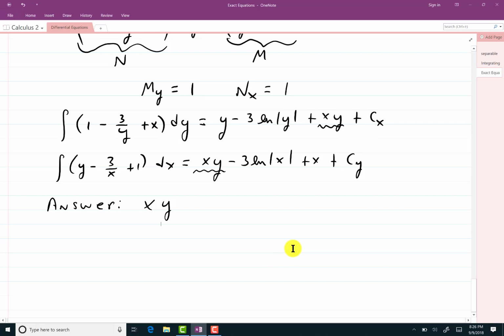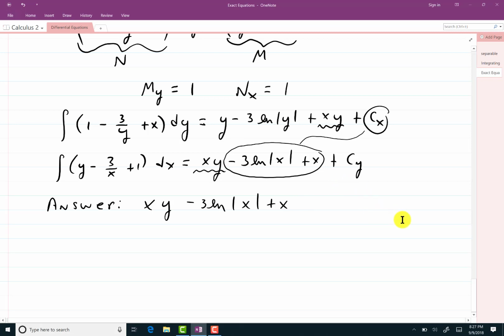Now let's see if I can locate my c of x. C of x will be anything that involves x and x alone, and that's all of this stuff here. So I'll have negative 3 ln absolute x plus x. And how about my c of y? That's all this stuff here. You can see the symmetry now very well. C of y is all that stuff.